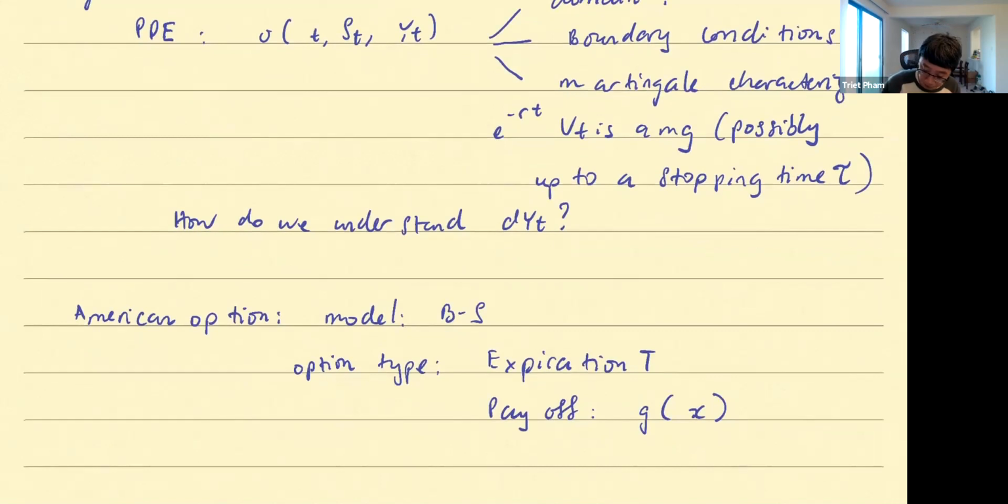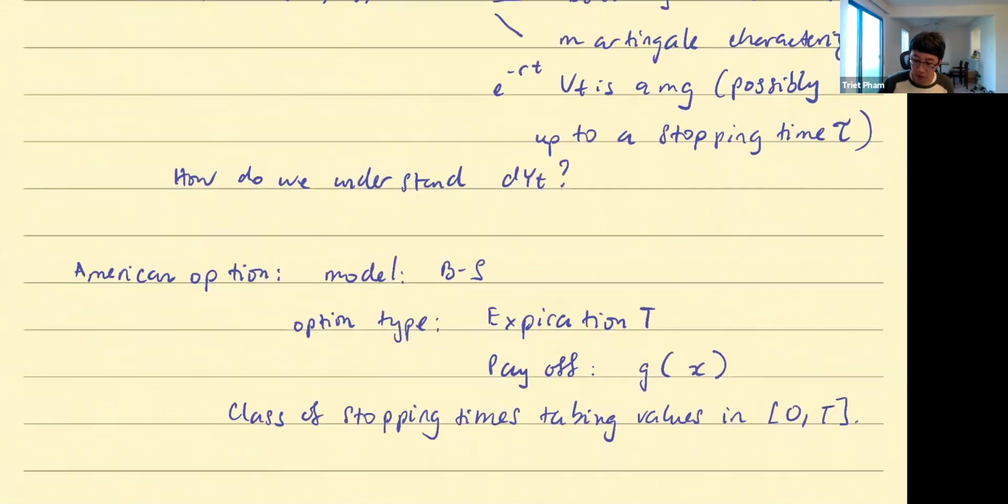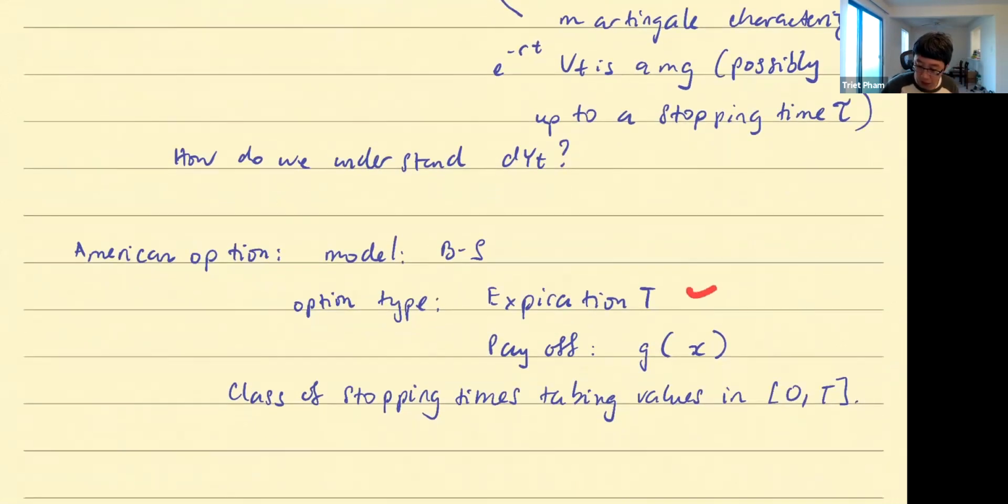So we look at the class of stopping times, taking values from 0 to big T. So these three objects.